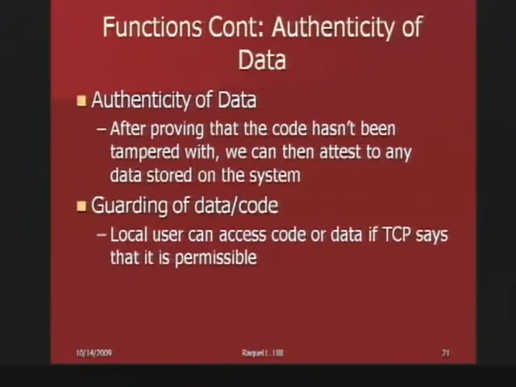And after we verify the software that's running on the system, then we can provide authenticity of data. So this data was created on this system that was running a particular software stack. So we can tie the data to a particular version of a software stack and say, okay, this data is protected.